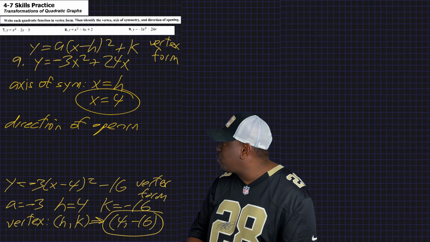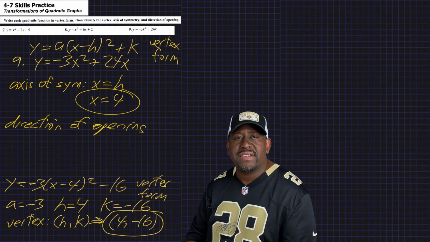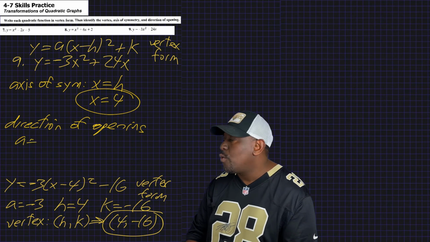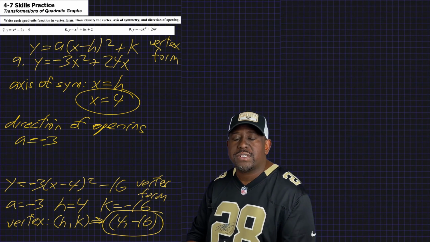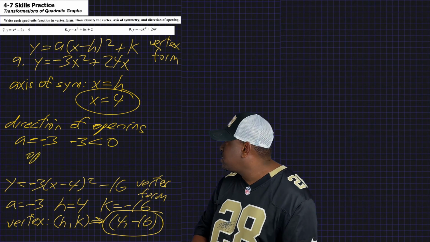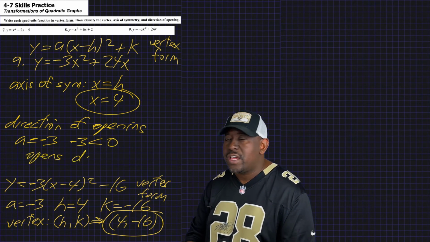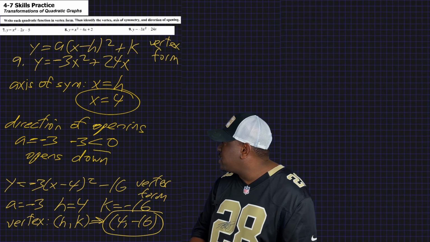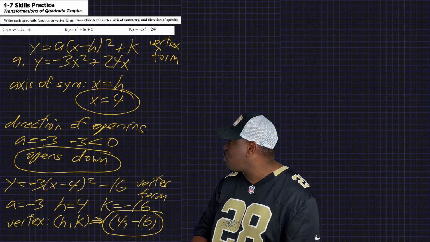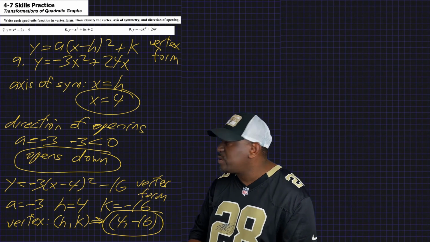And so now the direction of opening, our a is negative 3. Since negative 3 is less than 0, we know that this parabola has to open what? Up or down? Which one do you think? Well, we know it's going to open down, because a is negative. So we have completed this problem, and we're done with number 9.